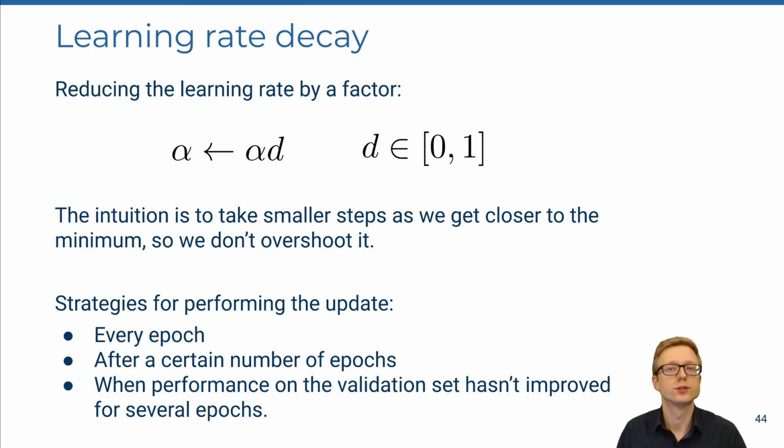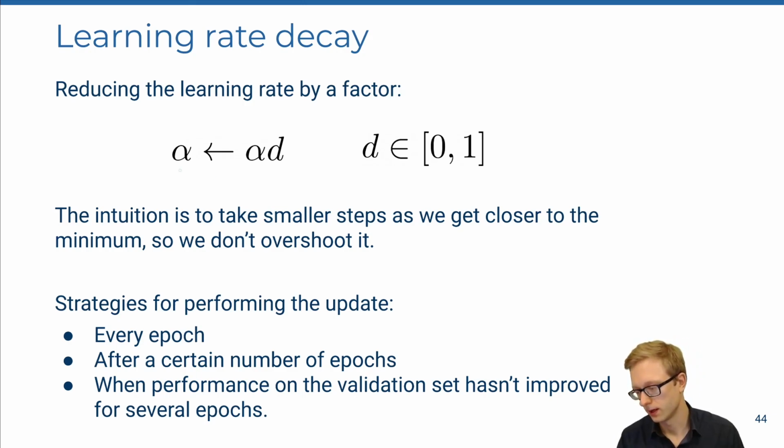A simple version of an adaptive learning rate that you can implement yourself is learning rate decay. And learning rate decay just means that you are scaling your learning rate by some value between 0 and 1. So the new learning rate will become smaller than it was before.